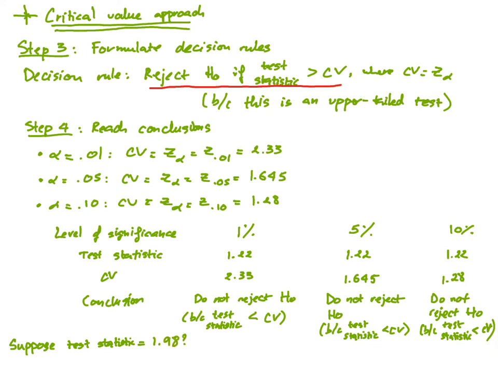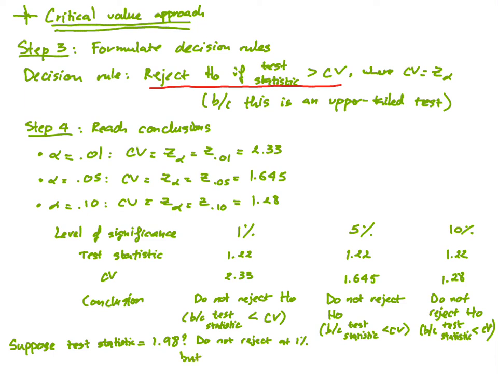What will our conclusions be? So if the test statistic is 1.98 at 1%, we do not reject the null, right? Because the test statistic is still less than the critical value. At 5 and at 10%, however, we reject the null.